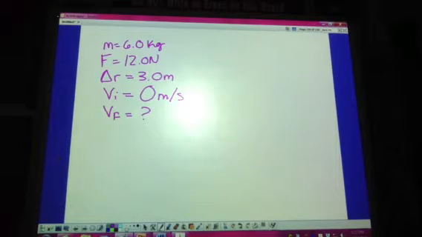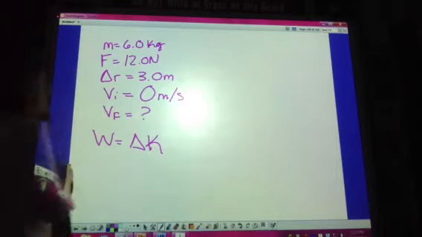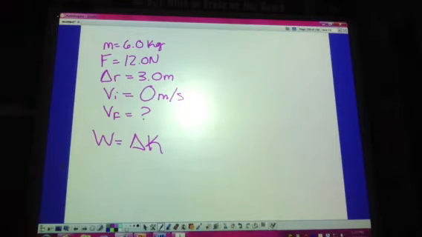Well, according to our work kinetic energy theorem, work is equal to our change in kinetic energy.